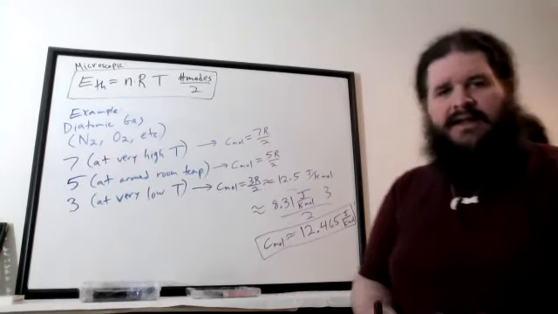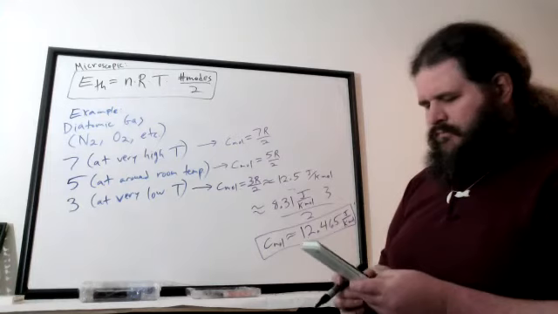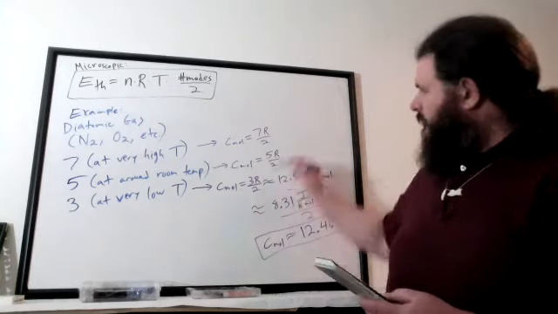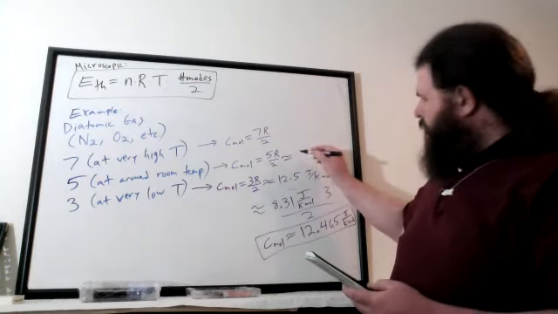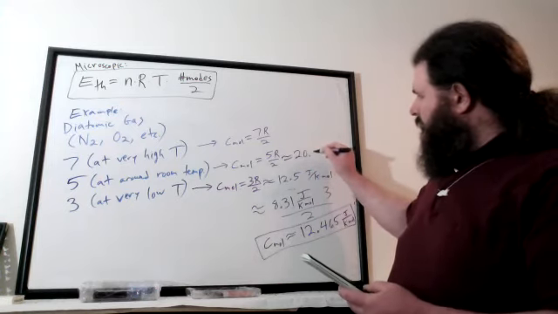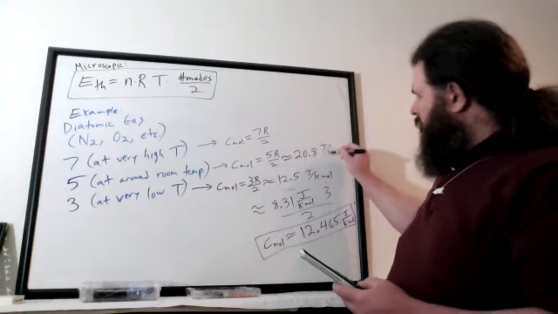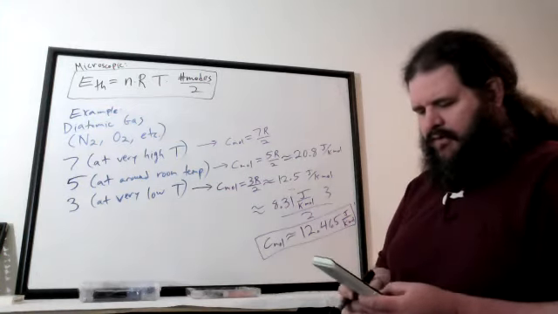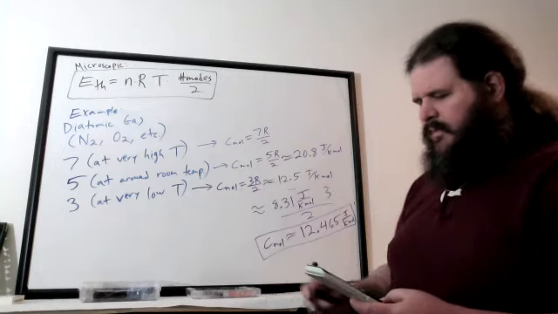If we try calculating each of those, we get 5 times 8.31 over 2 is about 20.8. And then 7 times R over 2 is about 29.1.